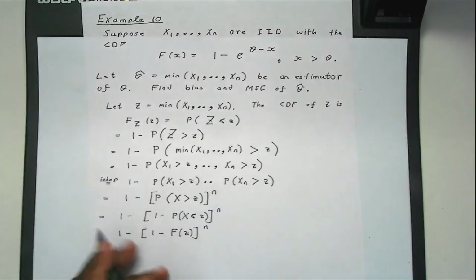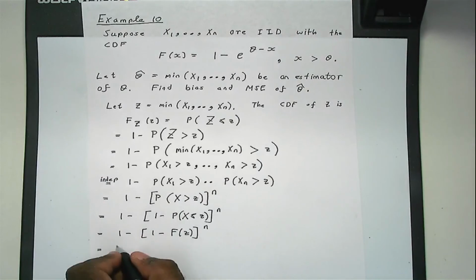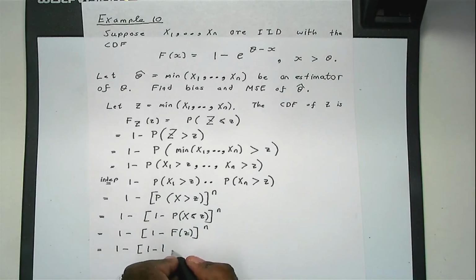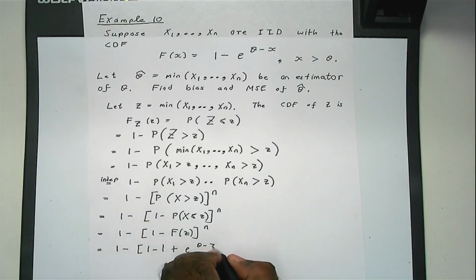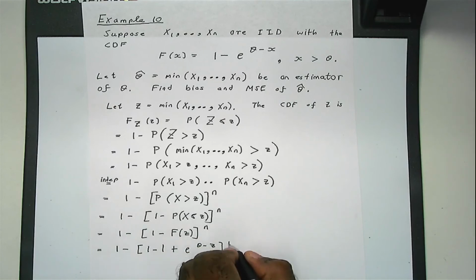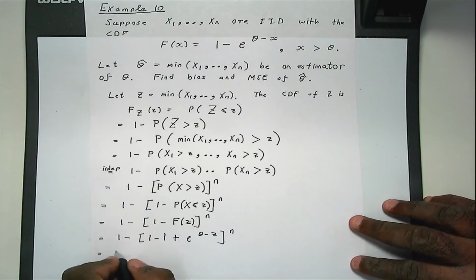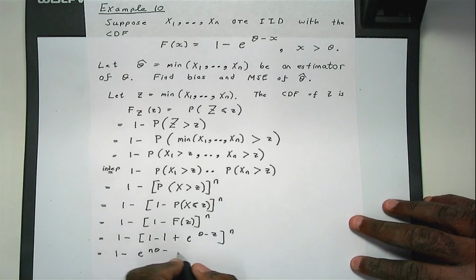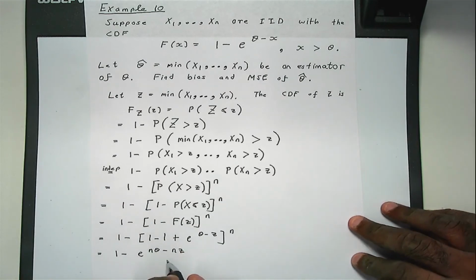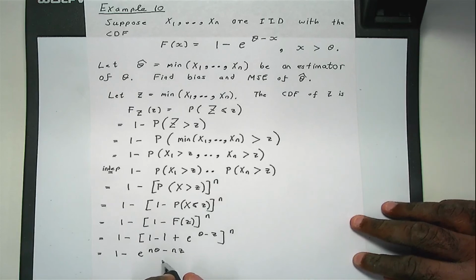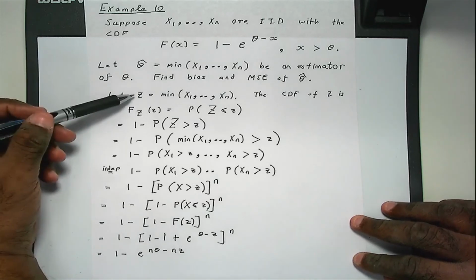So subbing that in, you have 1 minus (1 minus e to the power of theta minus z) to the power n. Alright, so you have 1 minus e to the power of n theta minus n z. So this is the CDF, the cumulative distribution function, of the statistic minimum.